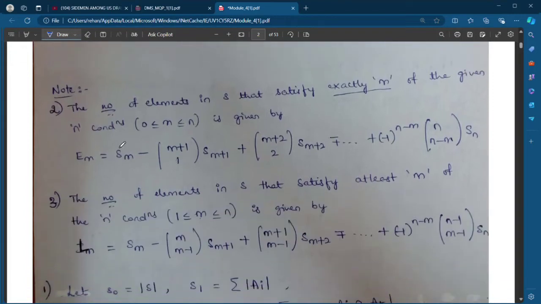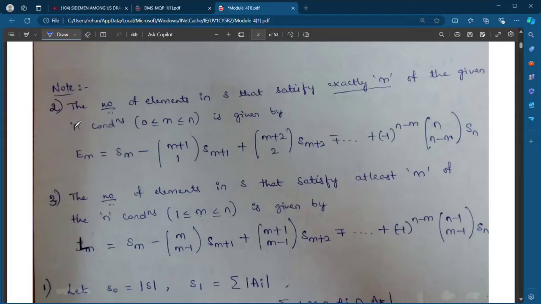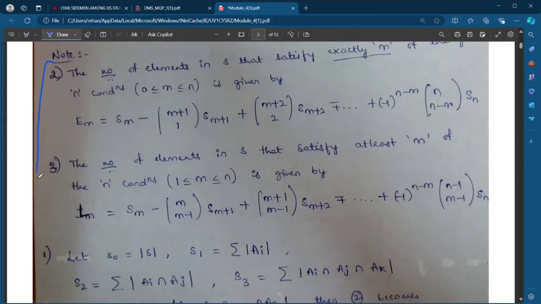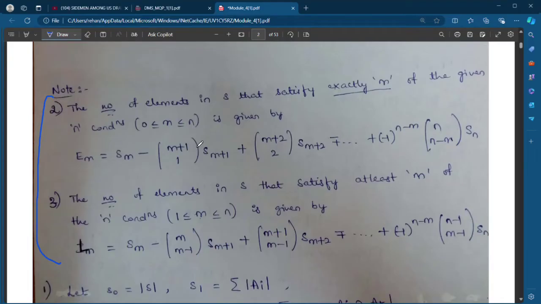Now this is the main thing in that model paper. When I solved the question, I was confused about how those things come. That comes because of these principles. If they have given exactly some number, then the formula will be like this.